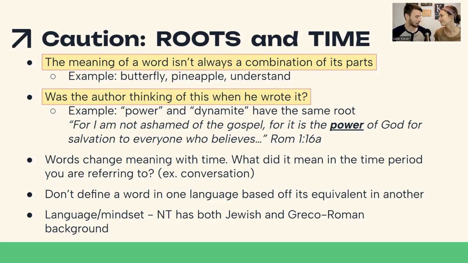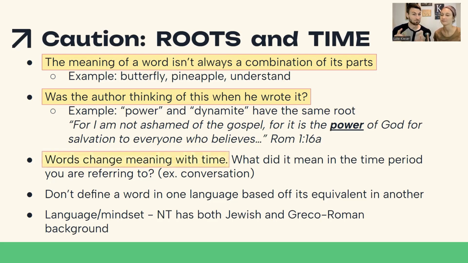It's just people trying to use the Greek to make a rhetorical, cool point, but he probably just meant power. Which is super powerful, right? Power for salvation. That's more powerful than dynamite. But just be careful making those associations of modern things that Paul wasn't even thinking of, putting them into his context.